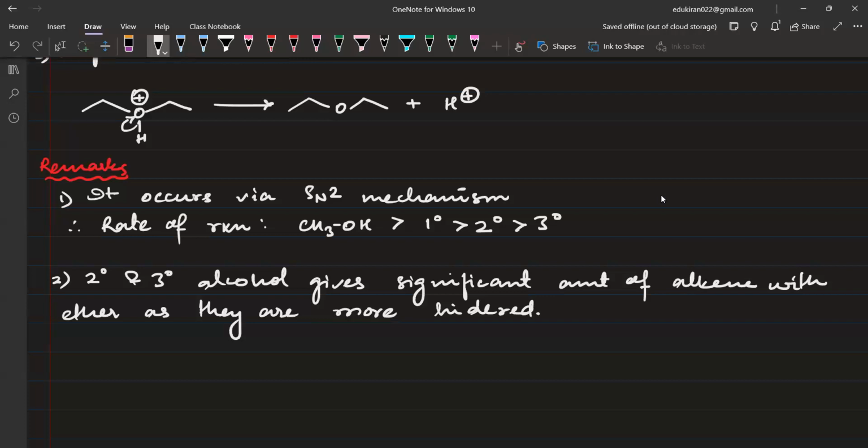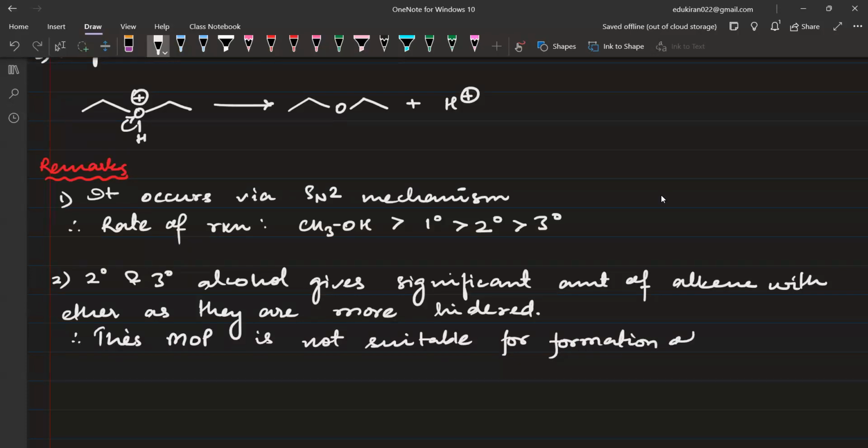As they are more hindered, therefore, this method of preparation is not suitable for formation of symmetrical ether using 2 degree and 3 degree alcohols.